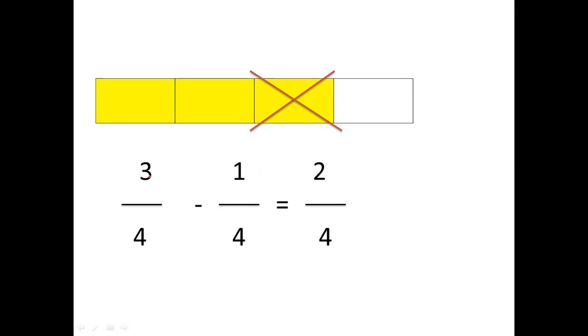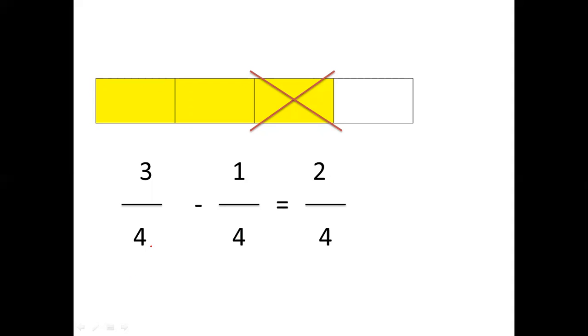1 over 4. So 3 over 4 minus 1 over 4 equals, we said that we don't add the denominator, we just add the numerator. The same thing here in subtraction, we just subtract the numerator, we don't subtract the denominator.